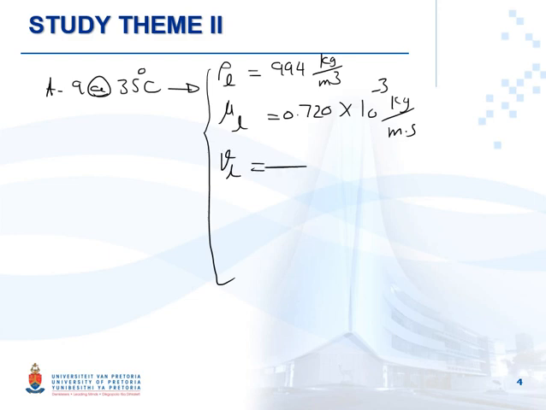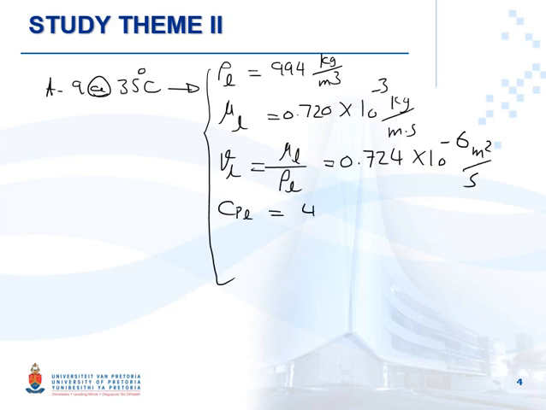Nu L, we know that it's mu divided by rho, but you can read that from the table as well, 10 to the power of minus 6. CPL, the heat capacity, we read that as well. Kelvin. KL.